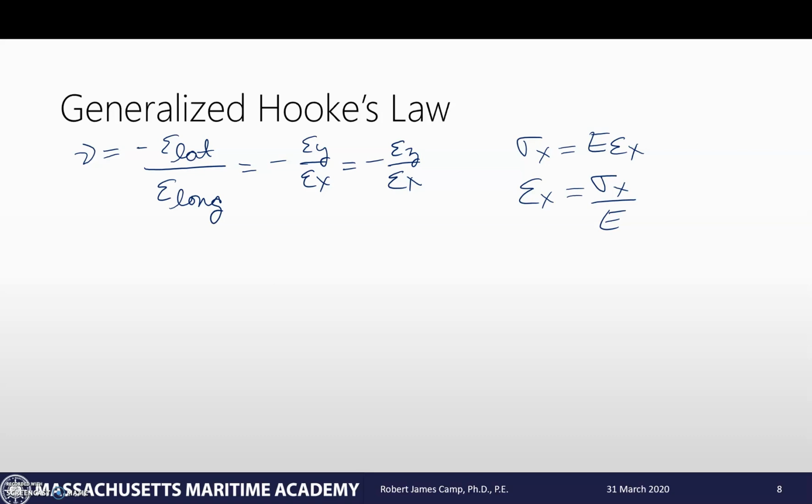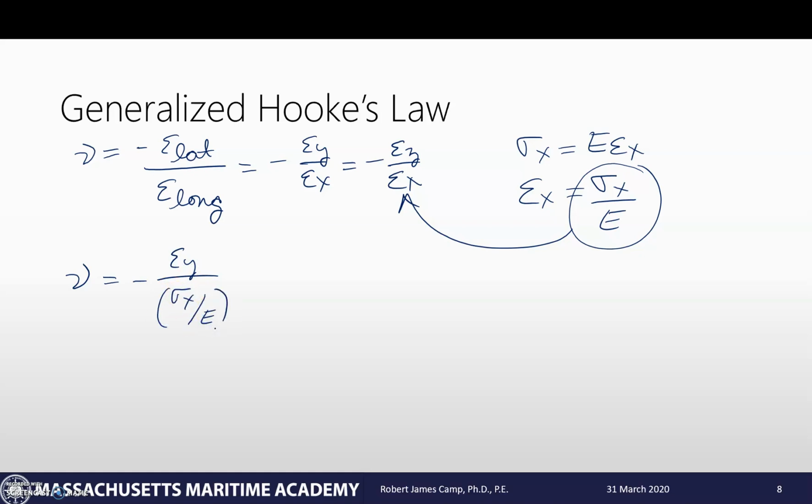So, by taking this, we can plug it back into here. Poisson's ratio is negative strain in y divided by strain in x, which is the stress divided by the modulus of elasticity.